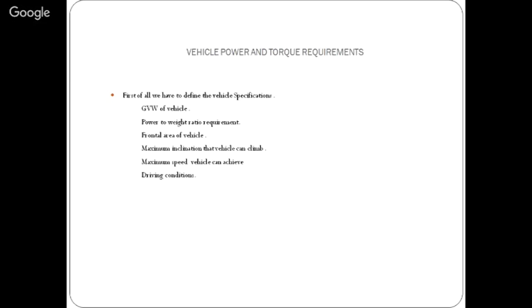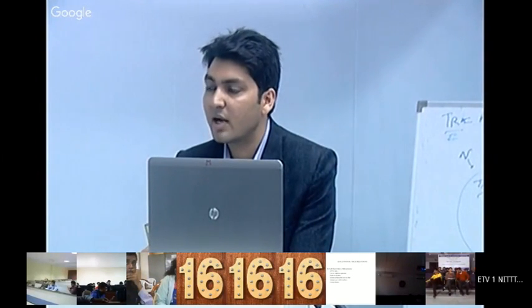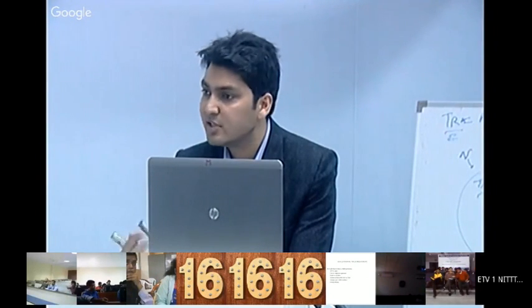Then driving conditions. Driving conditions are those that describe in what area you are driving your vehicle. For example, if I am driving my vehicle in the Rajasthan area and then I take it to Lahore, after that I take it to Leh, the air density changes.